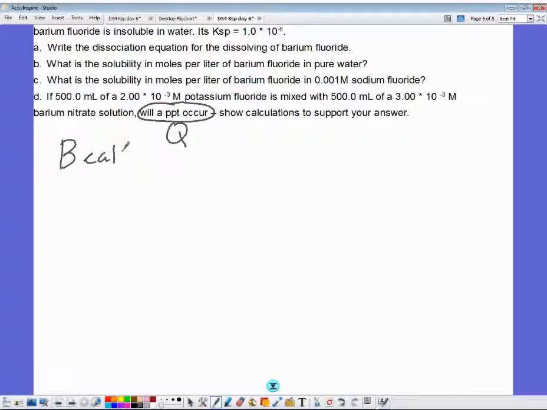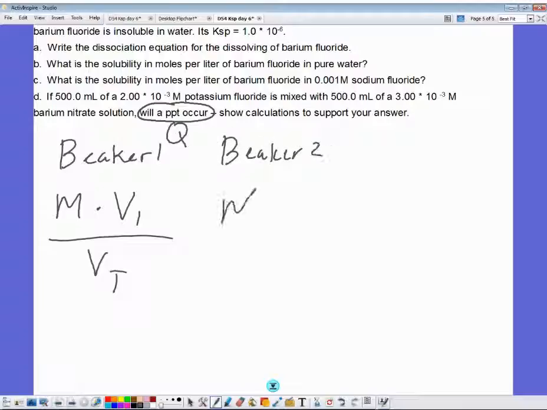For beaker 1, you need to say the molarity times the volume of beaker 1 divided by the total volume of the two beaker volumes put together. And then for beaker 2, molarity times the volume of beaker 2 divided by total volume.